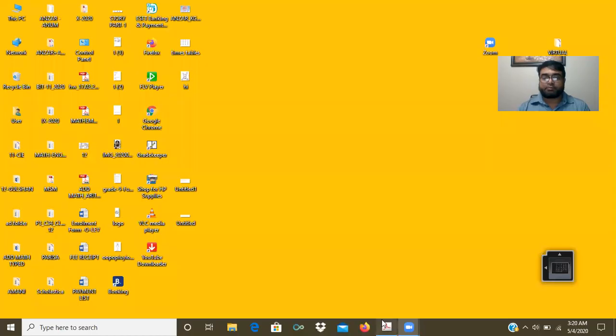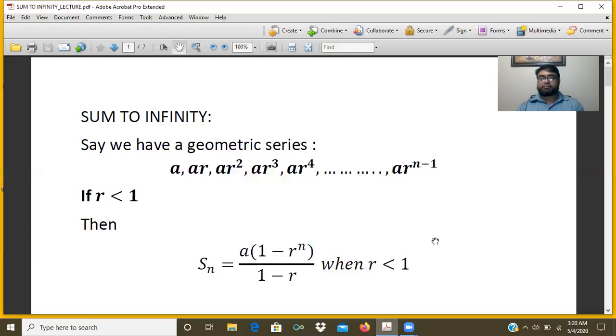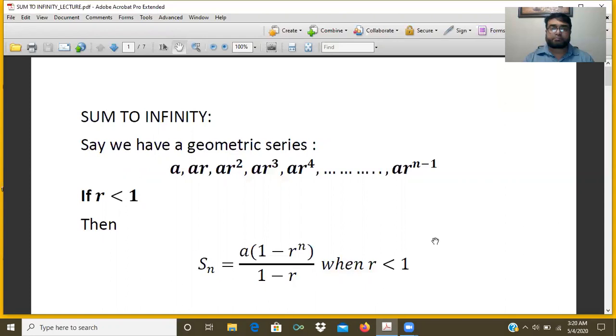All right, so I'm going to share my screen here as usual. Sum to infinity, when there is a geometric series like a, ar, ar squared, ar cubed, up to ar to the power n minus 1.